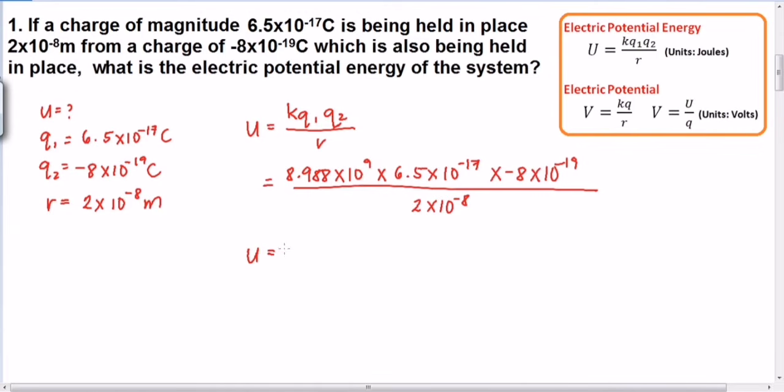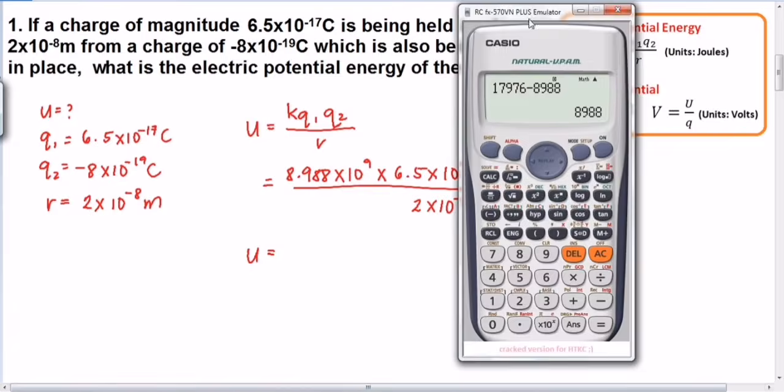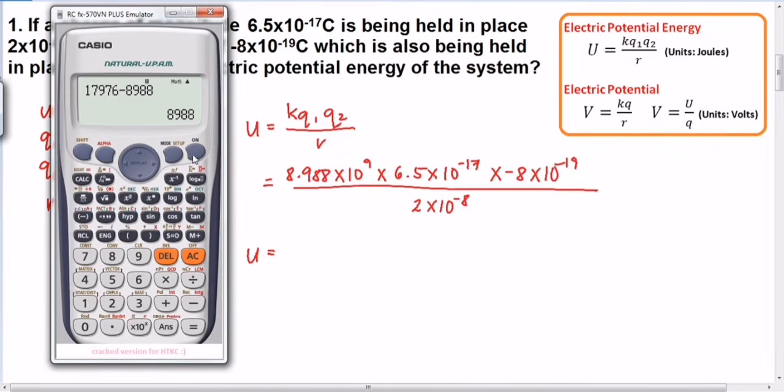Okay? And then, ang gagawin nyo guys, kapag ganito, tapos ang calculator nyo ay may fraction naman, like this one. So, pindutin nyo lang yung fraction na yan and then, kopyahin nyo. 8.988 times 10 raised to 9 times 6.5 times 10 raised to negative 17, okay, times negative 8 times 10 raised to negative 19 over 2 times 10 raised to negative 8.